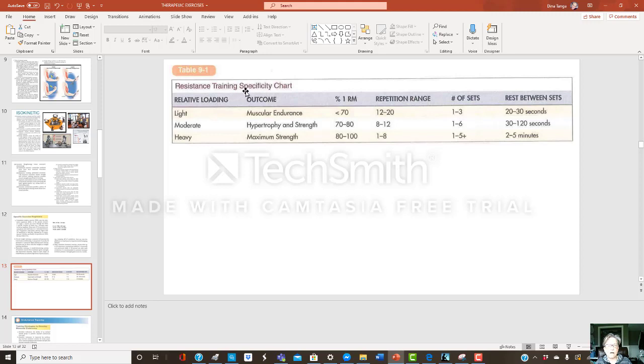Resistance training chart. Light, moderate, and heavy repetitive loading. Outcome. So for light repetitive loading, we have muscular endurance. Percentage of 1 rep max is not more than 70%, right?